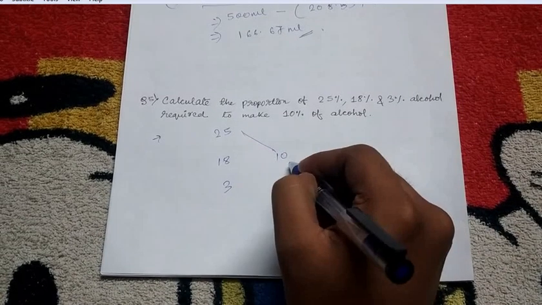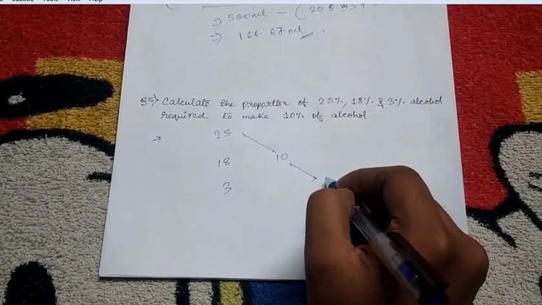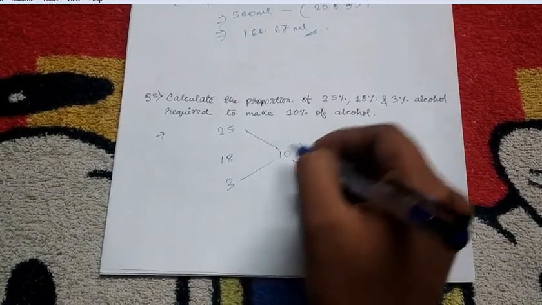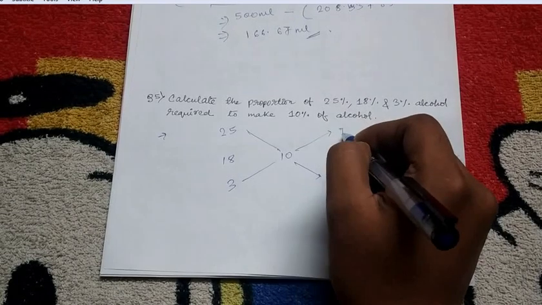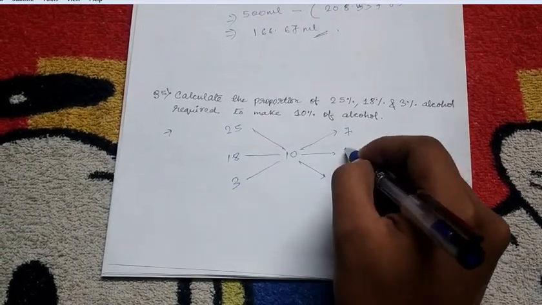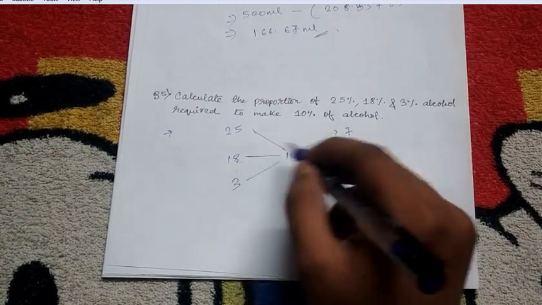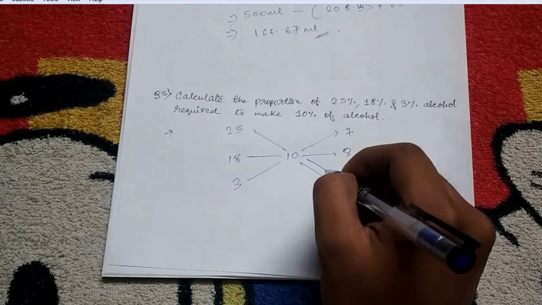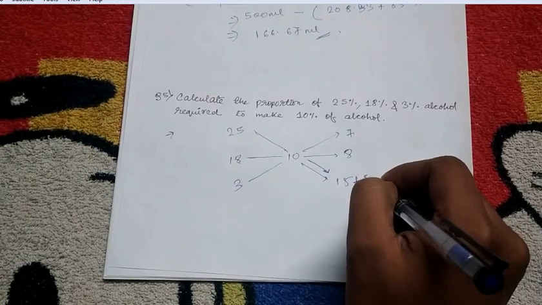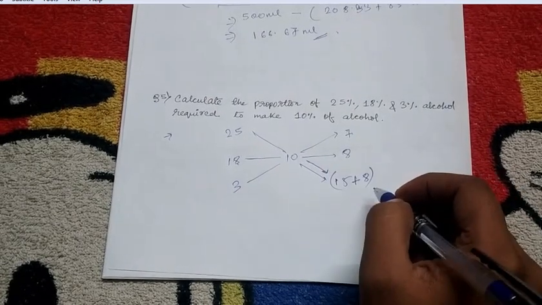So first we subtract this to get 15, then we subtract this to get 7, we subtract this to get 8, and again we have to subtract 18 with 10 to get another 8, which is added to the weaker percentage.